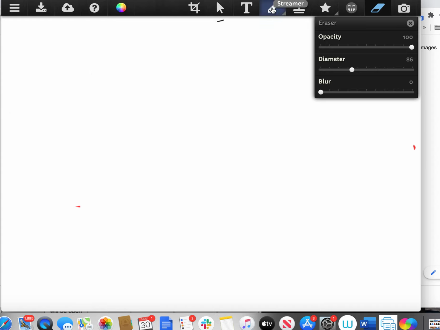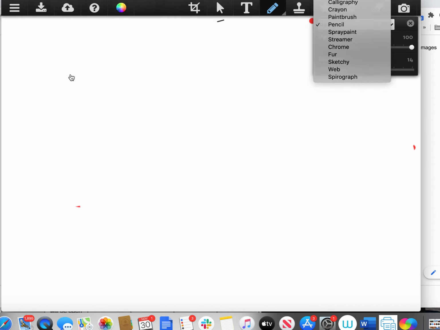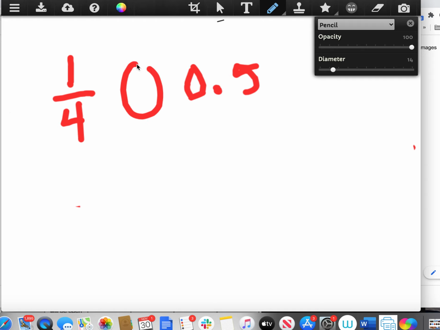Let's do 1/4 and 0.5. Okay? So we have 1/4, which we could convert into a decimal. We could convert, let's say we want to convert this into a fraction. We could say 5/10 and 1/4.